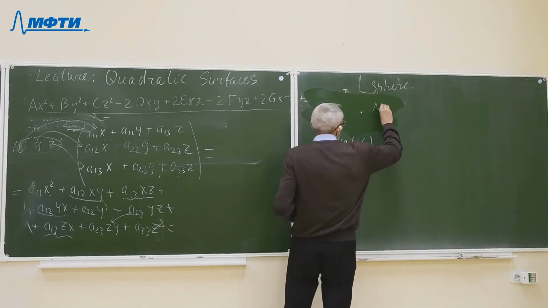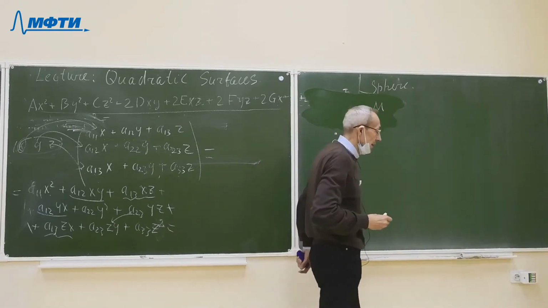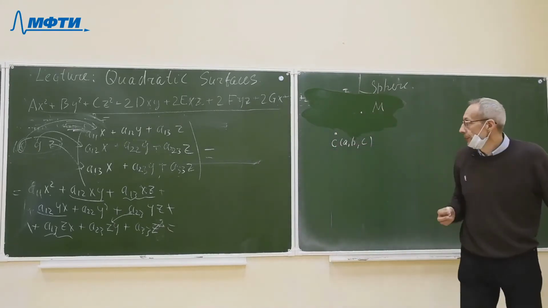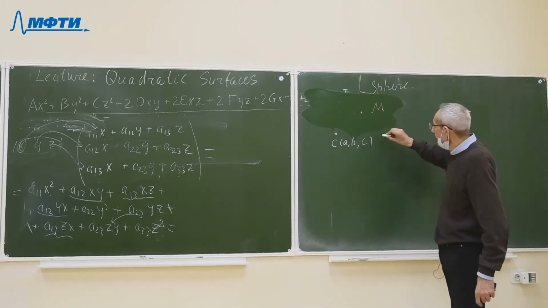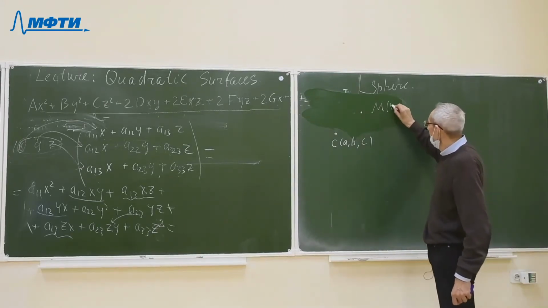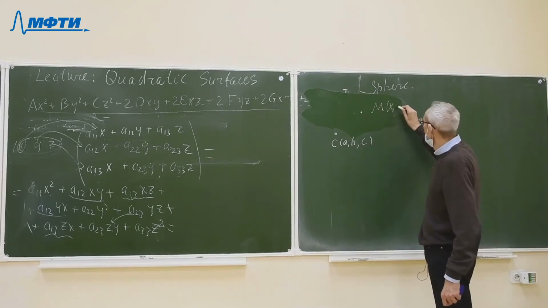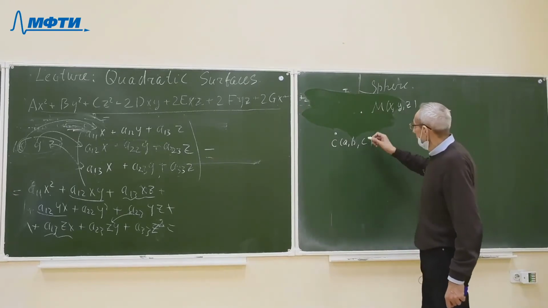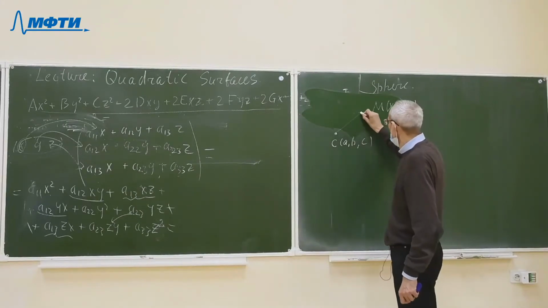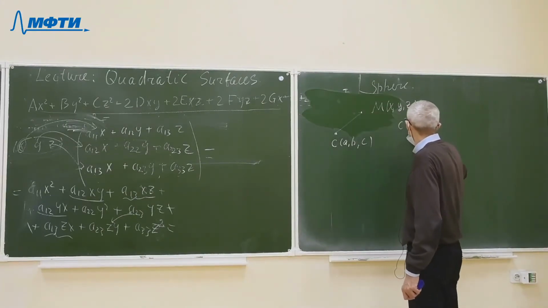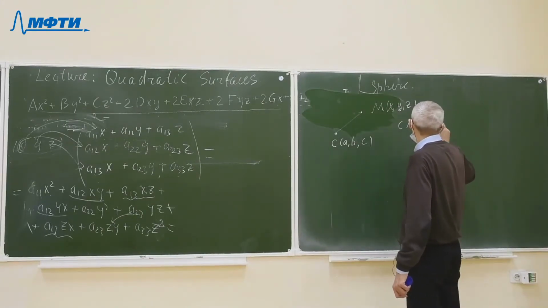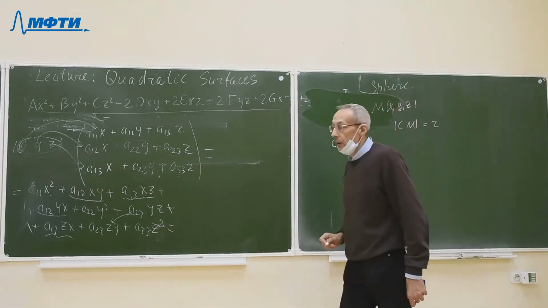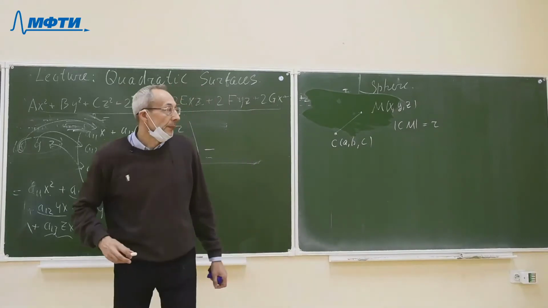Let M be an arbitrary point in the space with coordinates x, y, z, and let the distance CM be equal to some fixed value, small r.